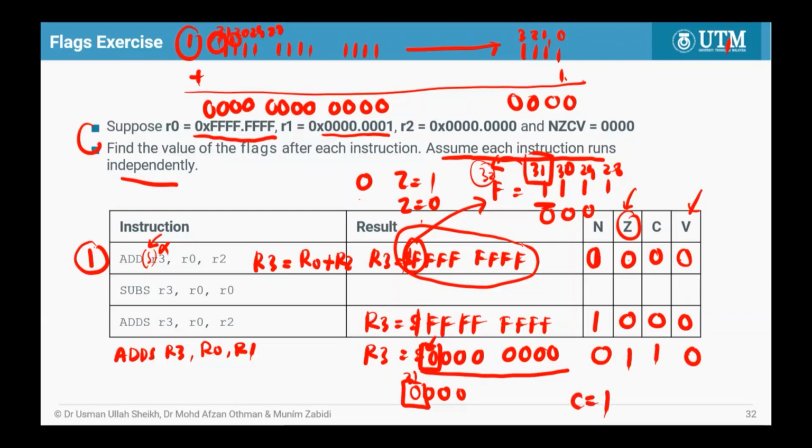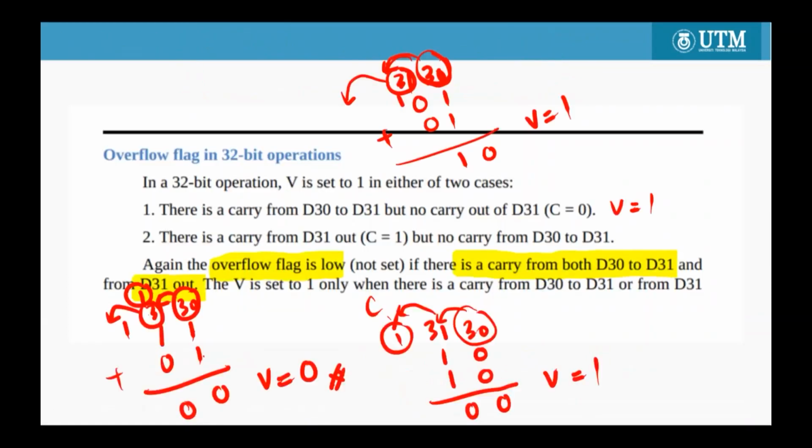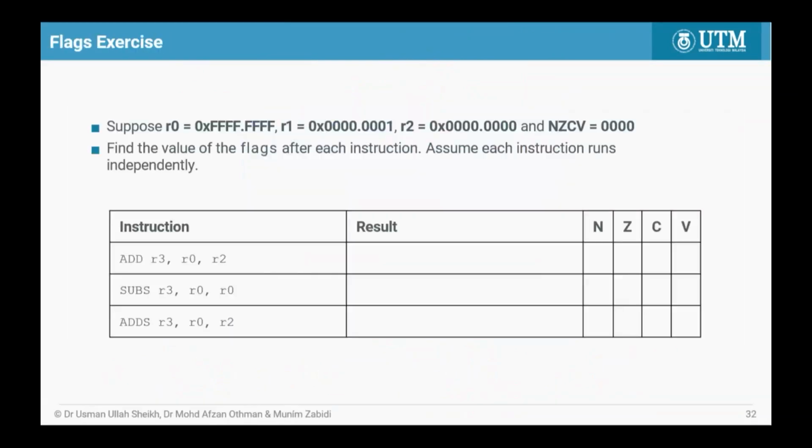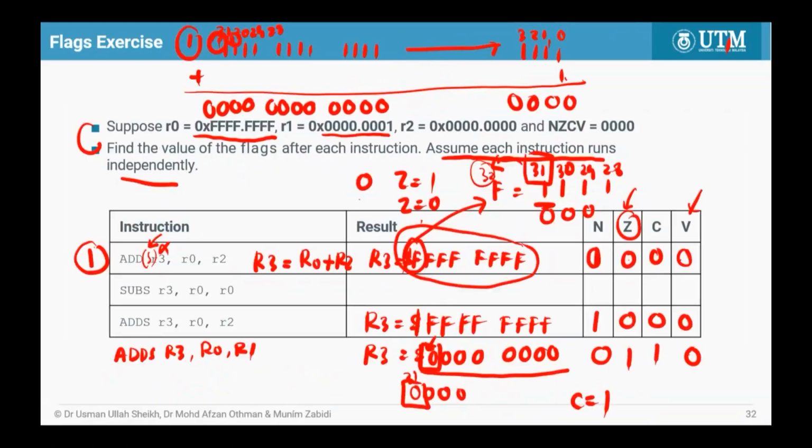What is the V flag telling you? It's telling you that the overflow flag is low if there is a carry from both D30 to D31 as well as D31 to out. Since both have a carry, from 30 to 31 and 31 to out, automatically V equals 0.